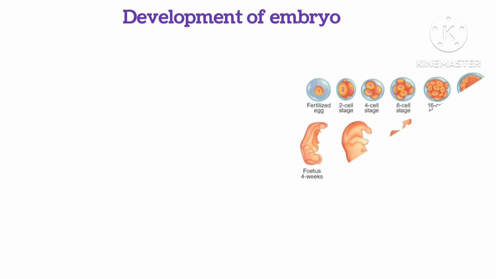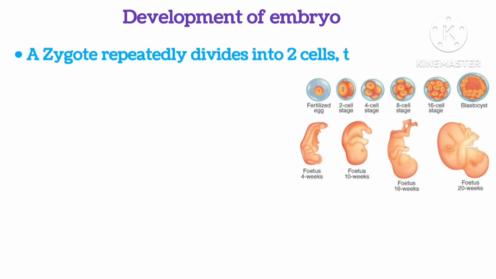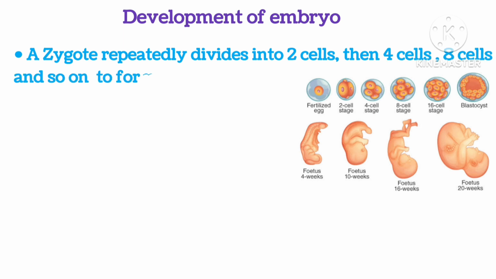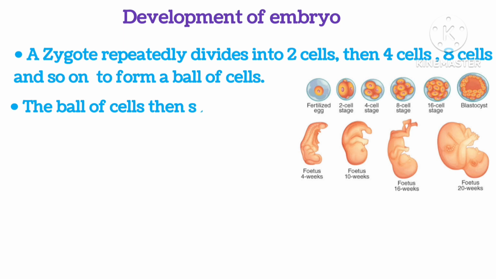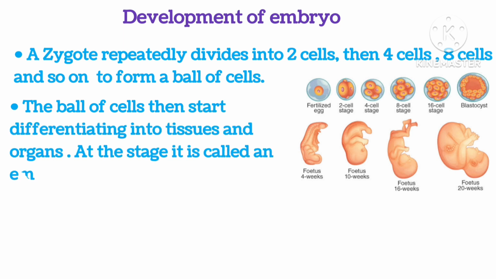Development of embryo. As you can see here, a zygote repeatedly divides into 2 cells, then 4, then 8, and so on to form a ball of cells. The ball of cells then starts differentiating into tissues and organs. At this stage it is called an embryo.